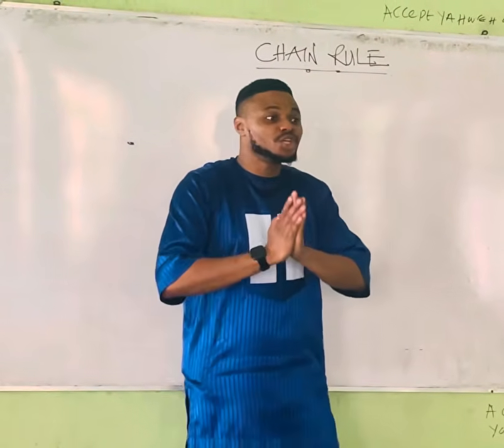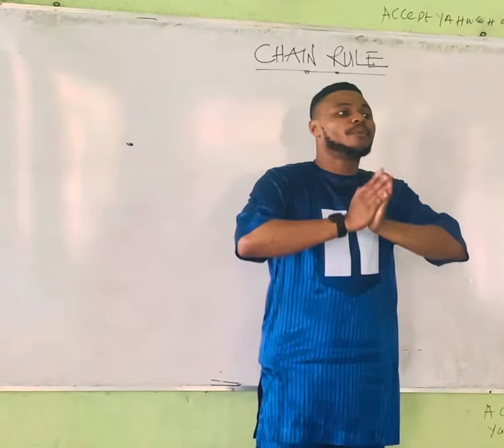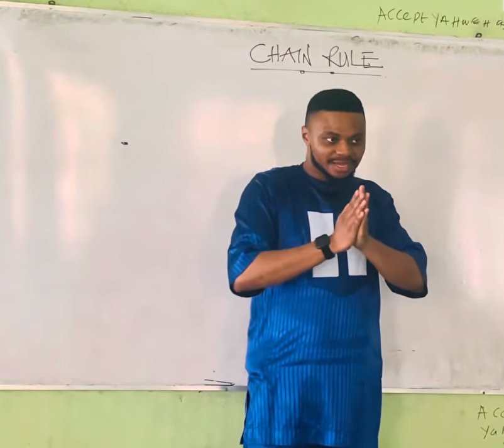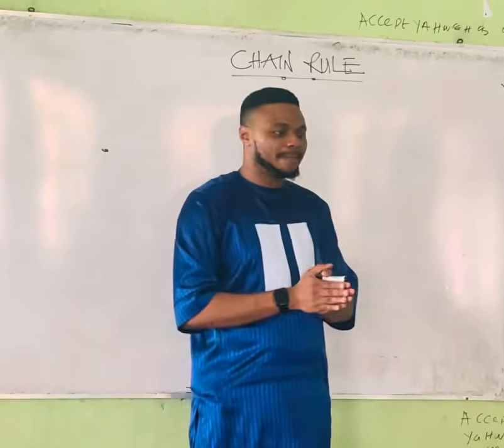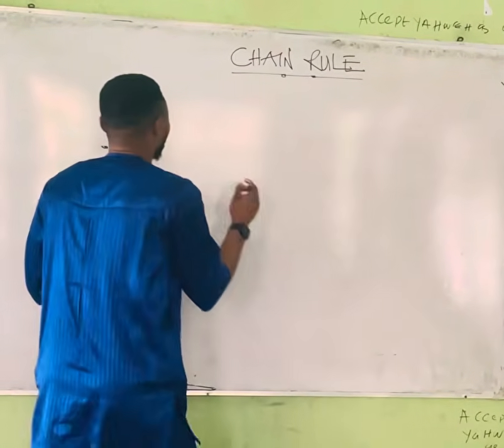And I'm going to give you the shortcut, the very simple formula, the simplest trick to apply when you want to differentiate a function of higher power. So now please take down.